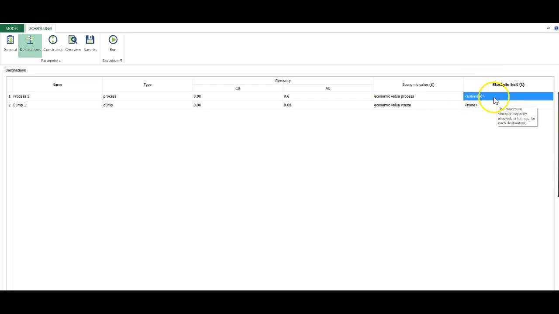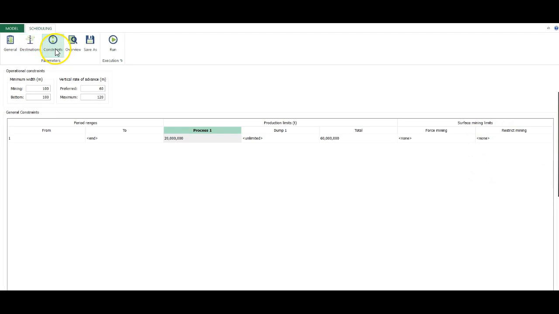this is not difficult to do. You could also deceive SimSched, like including 2 processing routes, and say, okay, this processing route in my constraint here, from period 1 to the end, I could include 2 intervals and say, for example, from period 1 to period 5, I'm going to use this processing route with 20 million tons. But let's suppose I have process 2 here.